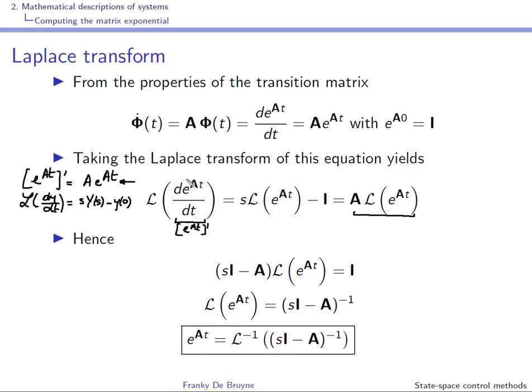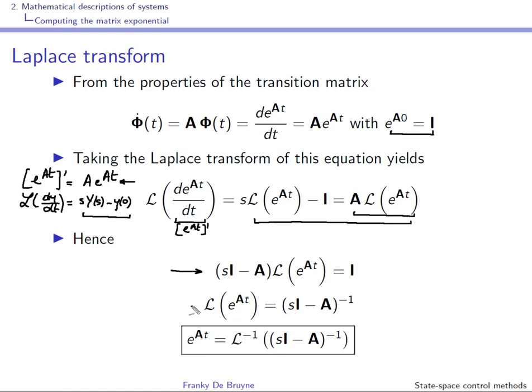This one can be rewritten like this using this expression over here: s times the Laplace transform of the exponential minus y(0), that's the exponential evaluated in 0, and we have seen that this is the identity matrix.